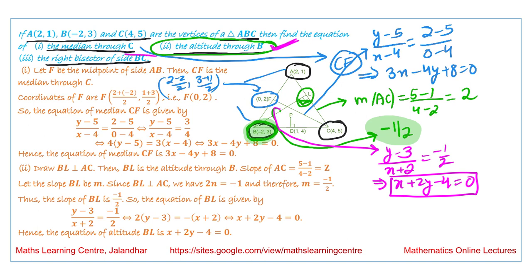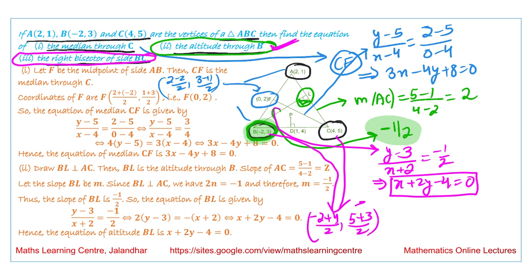Last we have the right bisector of side BC. We have the coordinates of the point B and the coordinates of the point C. So the midpoint is ((minus 2 plus 4)/2, (5 plus 3)/2). The answer is 1 comma 4.